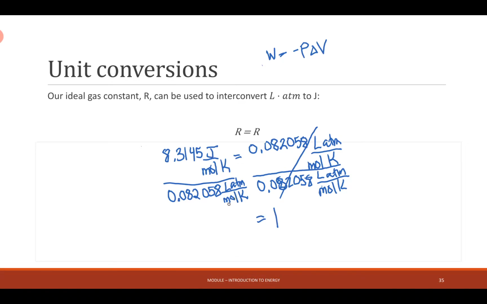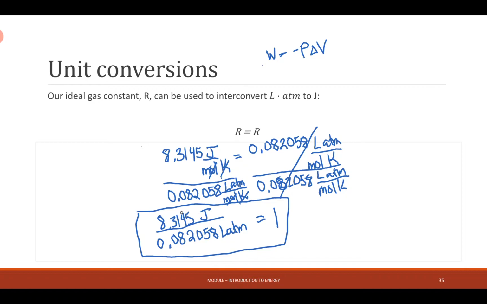The mole kelvins here are both in the denominator, so when you divide by something in the denominator, it becomes in the numerator. So those will cancel out. And so then you're left with 8.3145 joules divided by 0.082058, and that's going to be equal to 1.